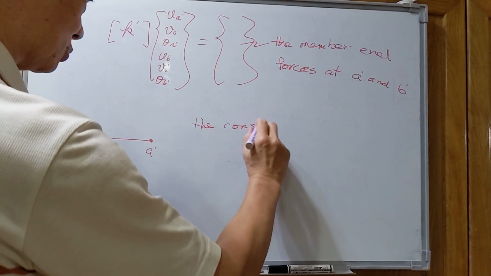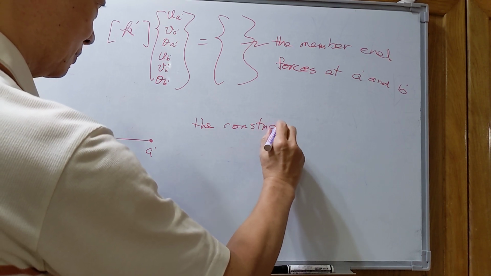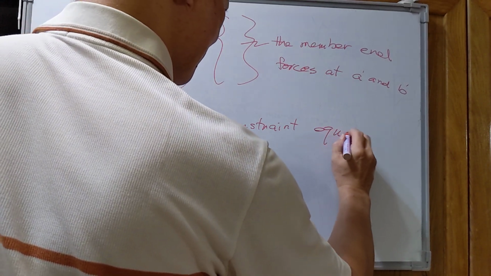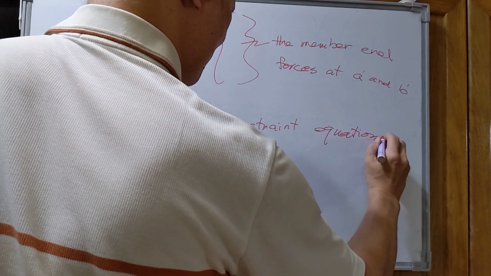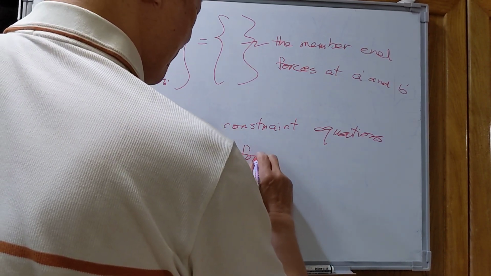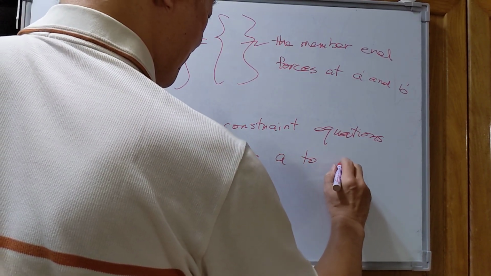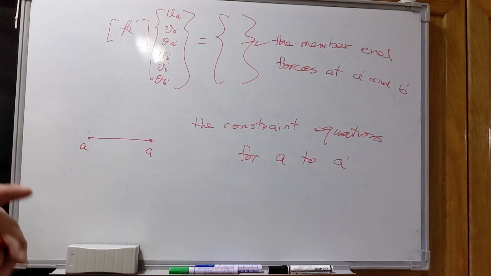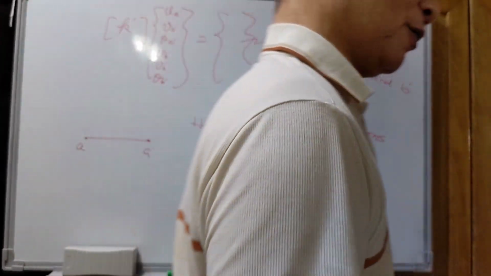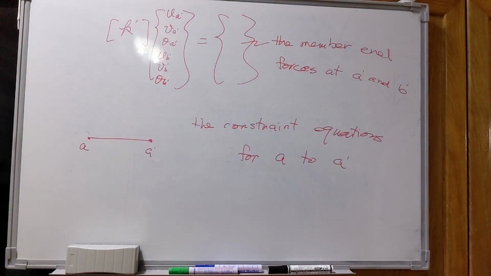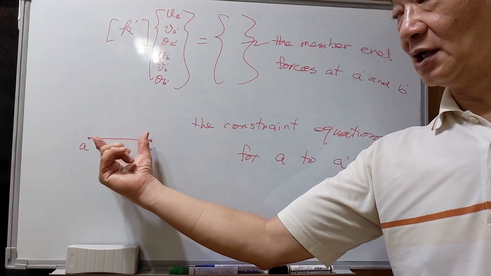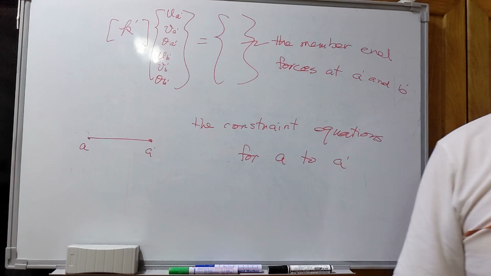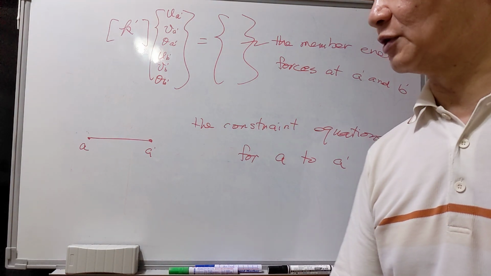Actually, you can say we are trying to derive the constraint. What are the constraint equations for point A to point A prime? Remember, we assume the moment of inertia and the sectional area close to infinity.